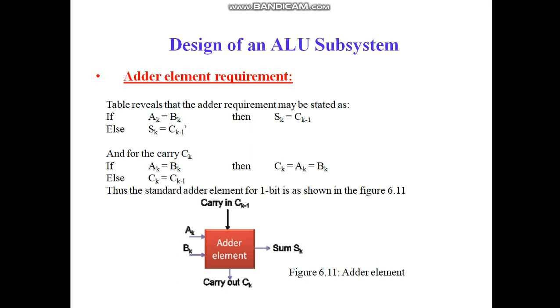When Ak is equal to Bk, Sk is equal to Ck-1, and when Ak is not equal to Bk, Sk is equal to the complement of Ck-1, or Ck-1 bar. And for carry, when Ak is equal to Bk, Ck is equal to Ak or Bk, and when Ak is not equal to Bk, Ck is equal to Ck-1.